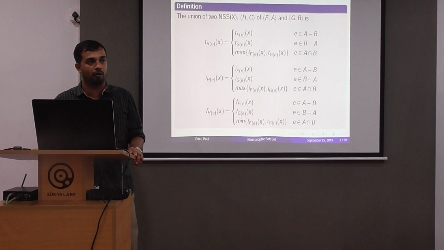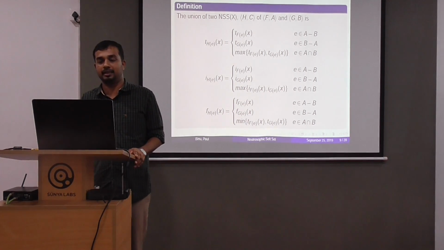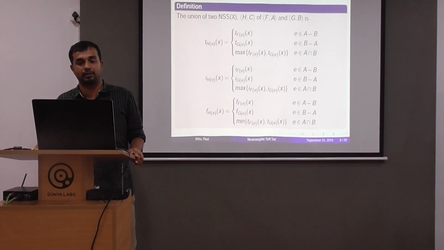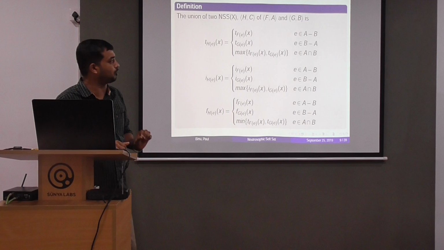Next, the union of two Neutrosophic subsets (F, A) and (G, B) is denoted as another Neutrosophic subset. That is, T, I, F are its Neutrosophic components.